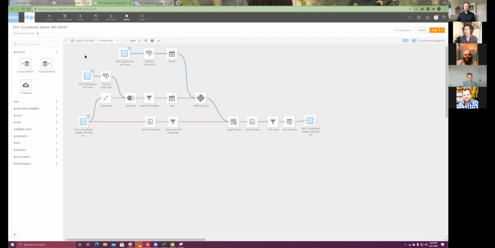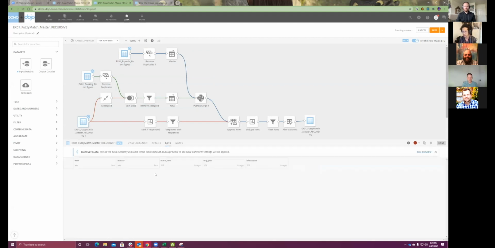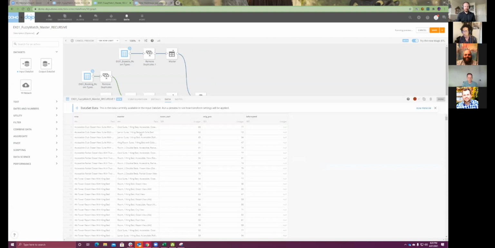Okay, so we still have the same kind of Python script running along the top, but the difference is now I'm going to capture the history of all of the responses where you said, yes, this is a good match, or no, this is not a good match. And so that data set will look something like this. I have new data that came in.